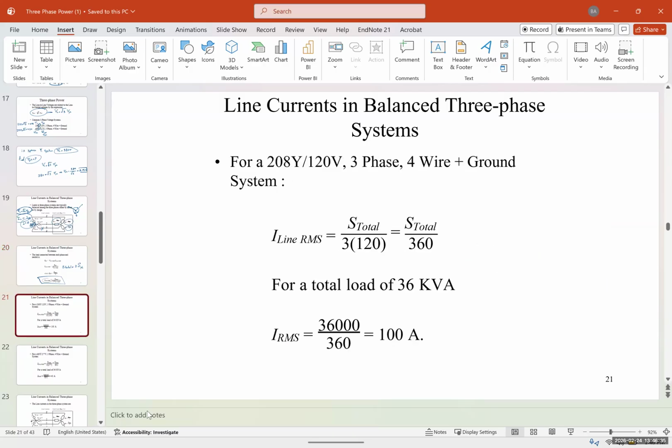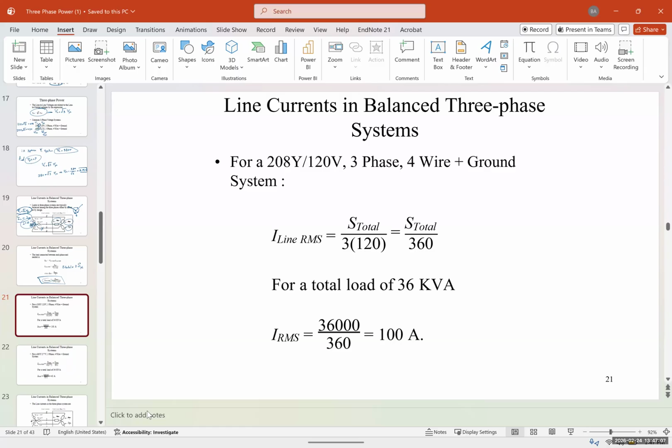Now, this is a simple example. For a 208Y/120V 3-phase 4-wire system, which has a power of 36 kilovolt amps, as you remember, we measure apparent power in volt amps. We measure reactive power in volt amp reactive, and we measure real power in watts.